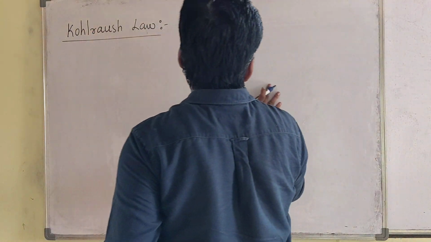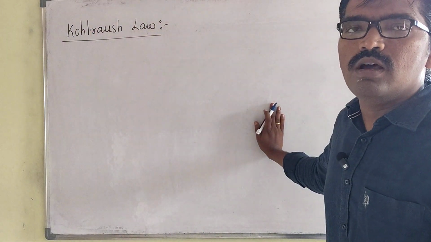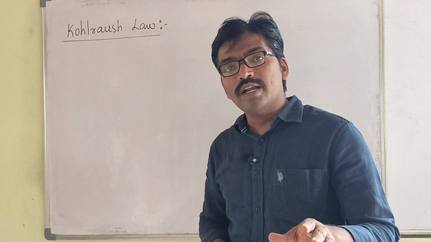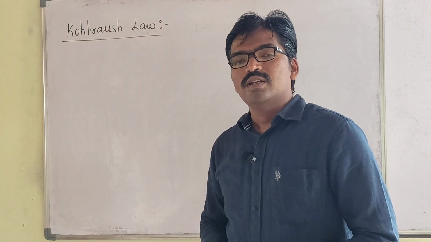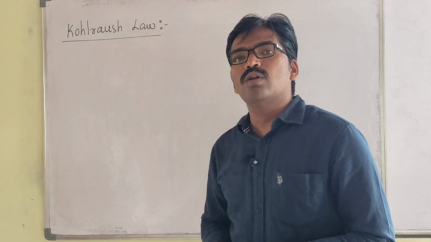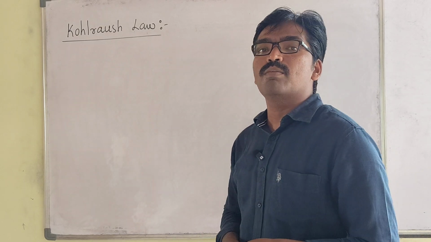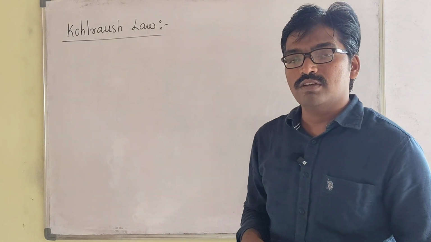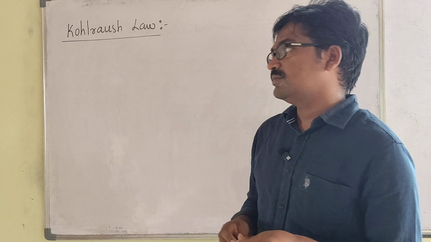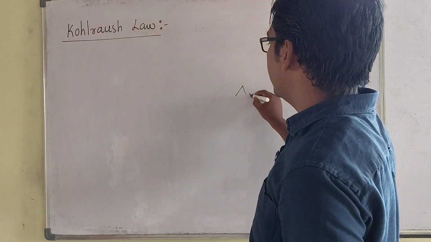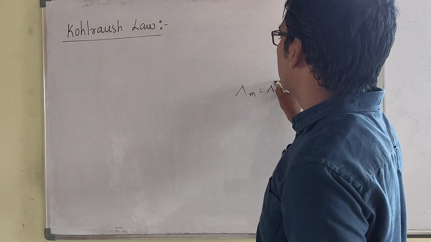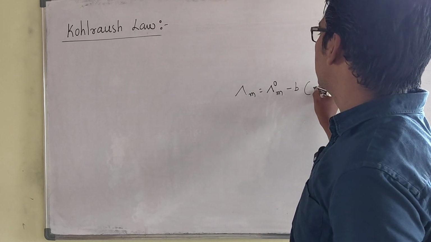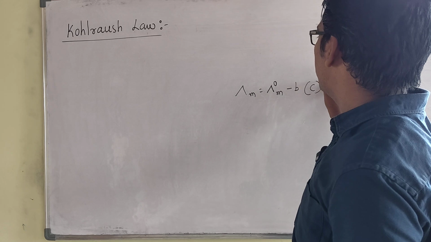The Kohlrausch law is used to determine the limiting molar conductivity of a weak electrolyte. The limiting molar conductivity of a strong electrolyte can be determined by an experiment as well as by the equation: molar conductivity equals limiting molar conductivity minus B into concentration power 1 by 2.